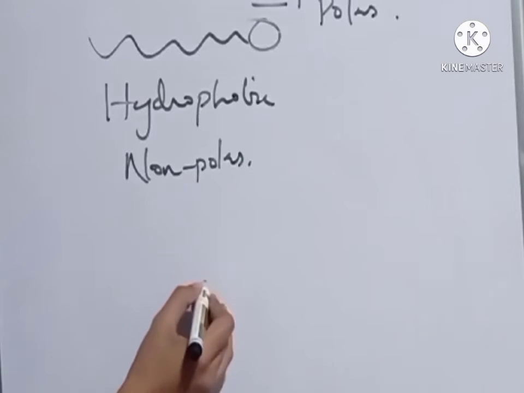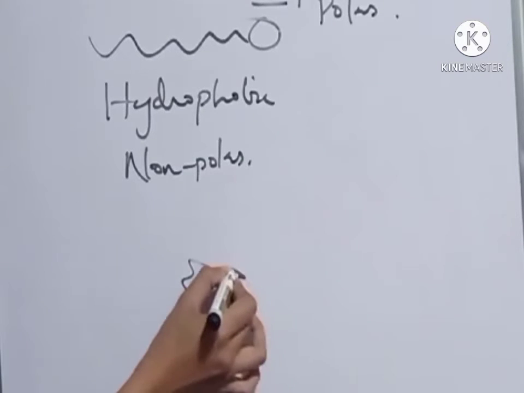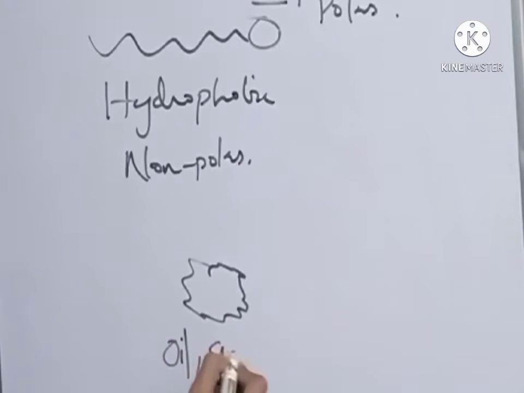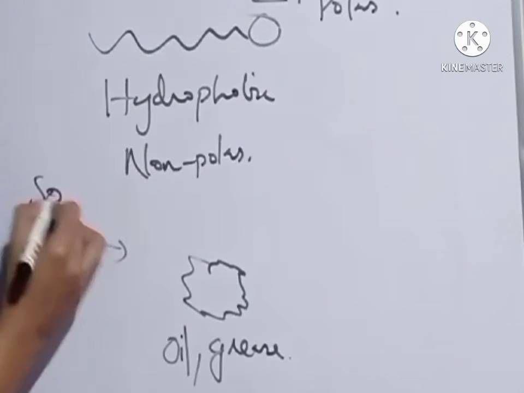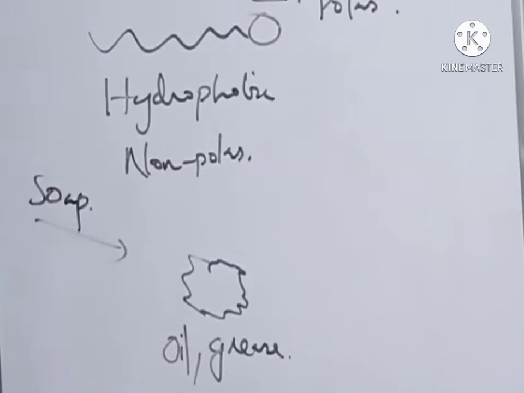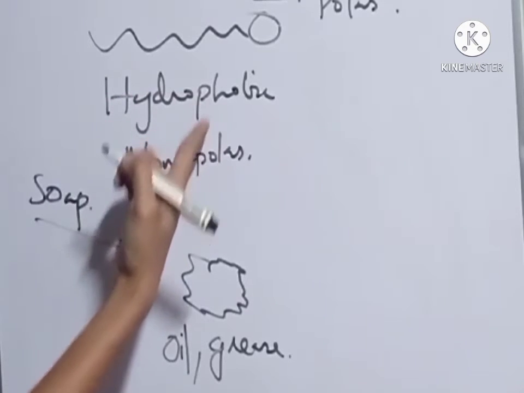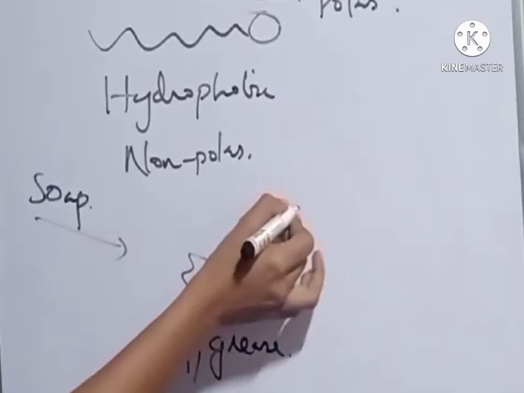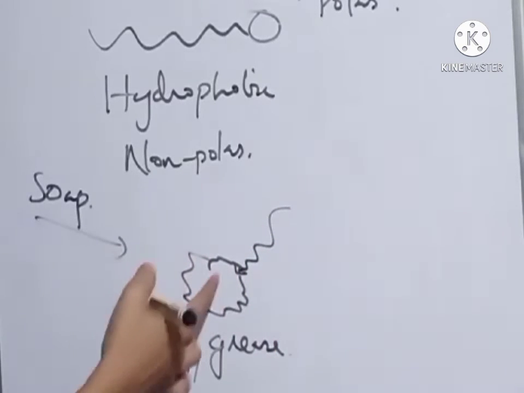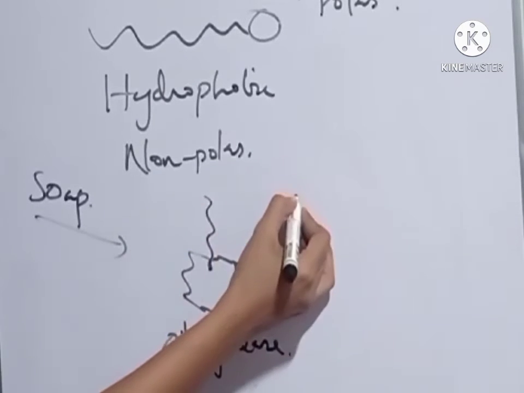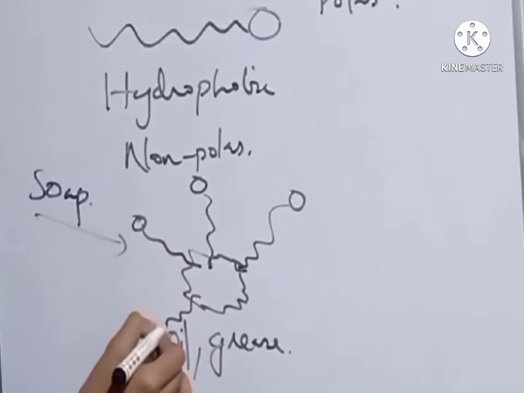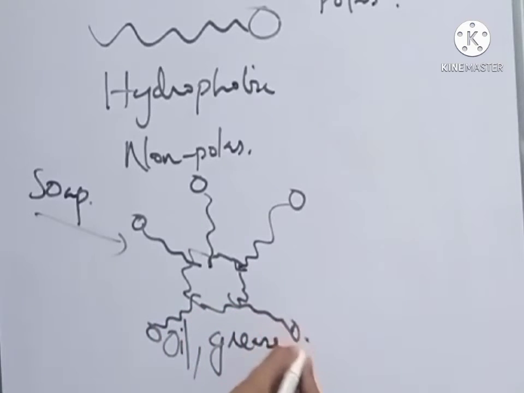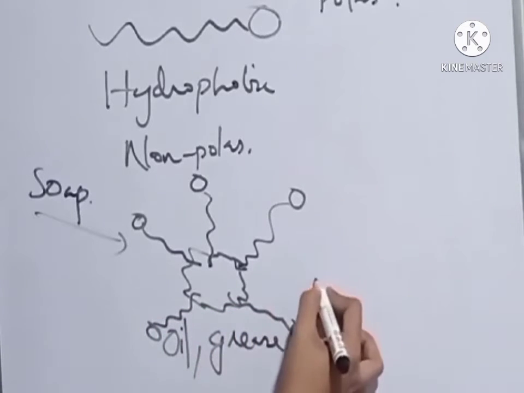And coming to the nature of dirt, dirt is actually oil or grease. So when we apply soap to dirt, what happens is the hydrophobic part in the soap molecule comes and attacks the dirt, and the hydrophilic part projects outwards and forms a globular structure like this, and it is known as micelle.